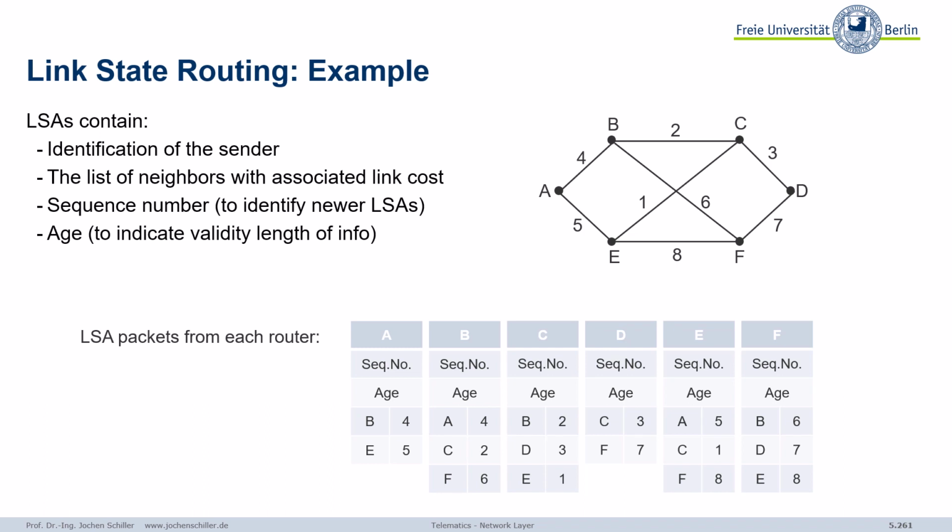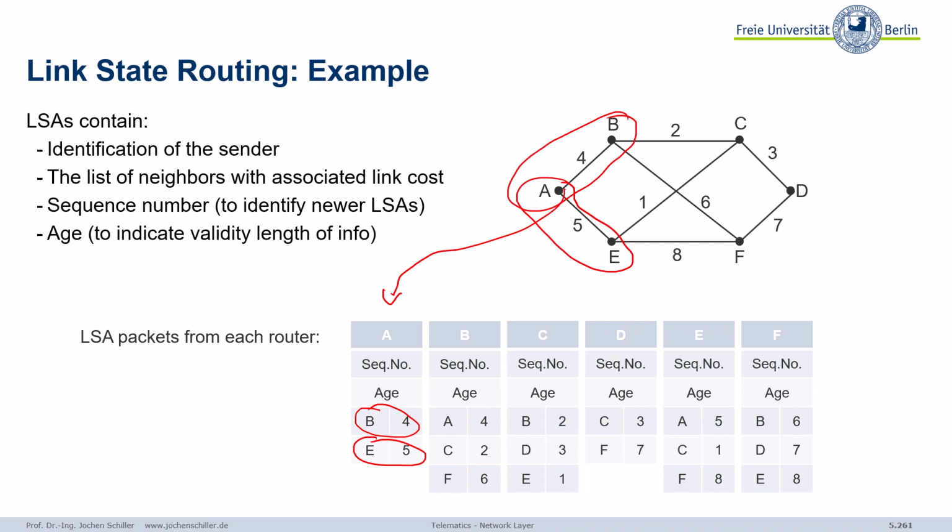So in this simple example, we get certain packets, so we know that, for example, here from A to B, A sees B at a distance of 4, and A sees E at a distance of 5. So that is the view of A. And so on. We have a certain view of B and C and D, and so on.